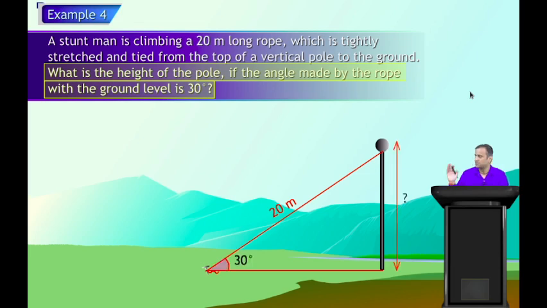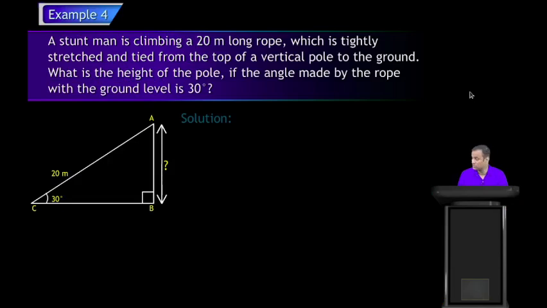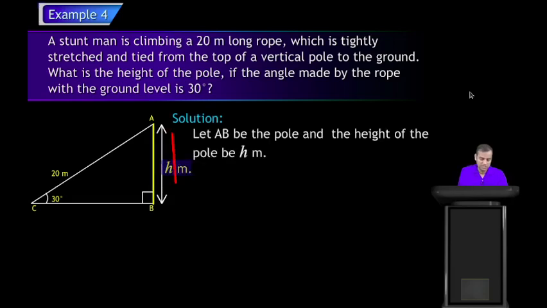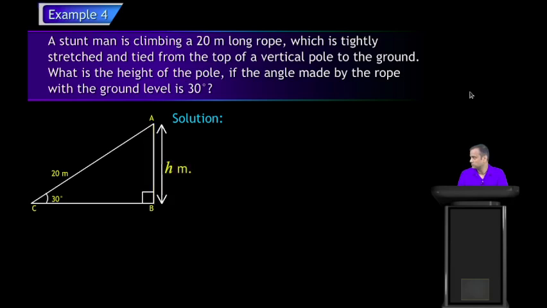Okay, again we will use this triangle ABC. It is a right angle triangle. AB be the pole, so this is the pole, and let its height be h meter. AC be the tightly stretched rope, so this is the rope and its length is 20 meter.